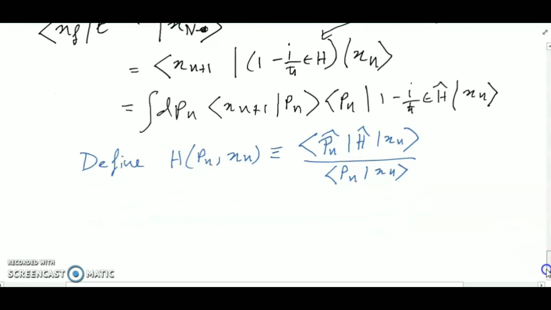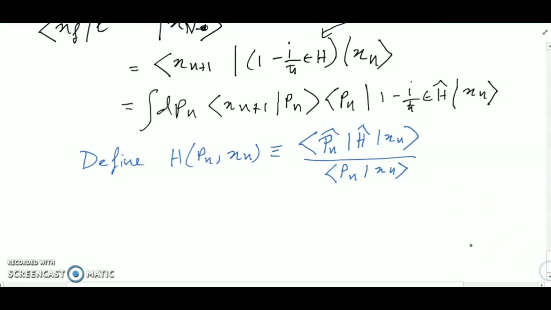Okay, you can use the standard expression of the overlap, which is 1 over square root 2 pi h bar e to the power i p n x n over h bar.